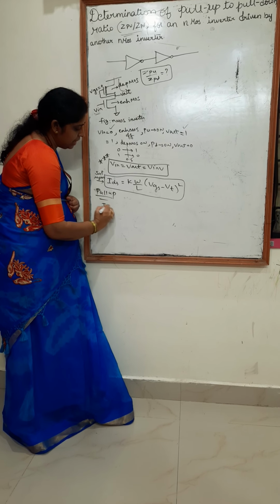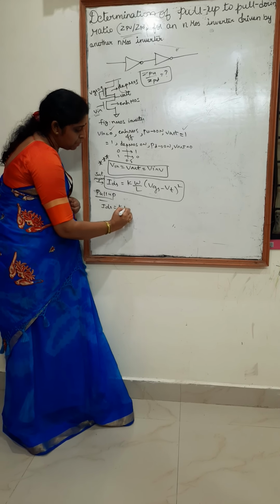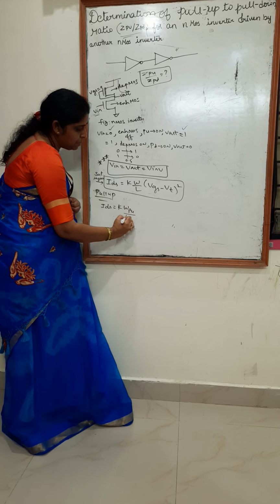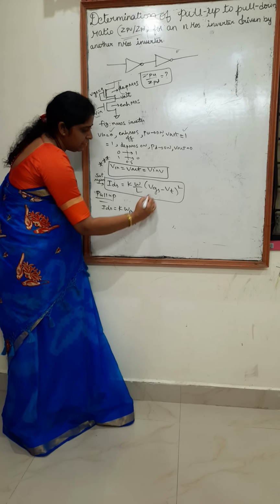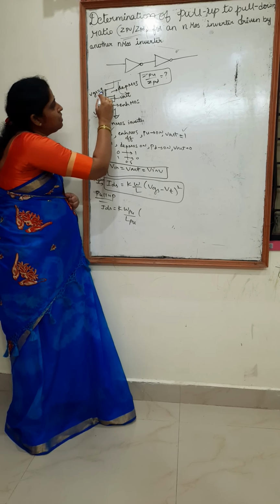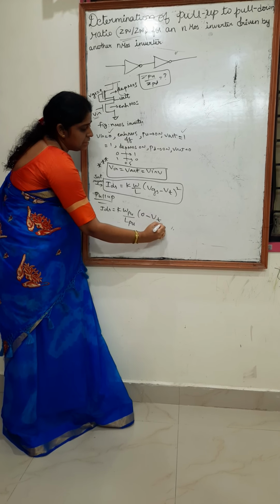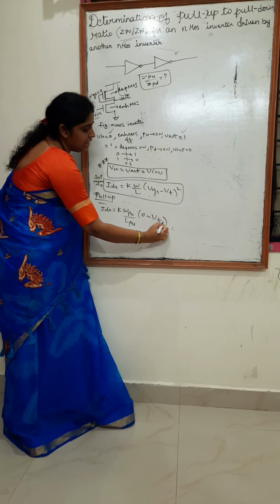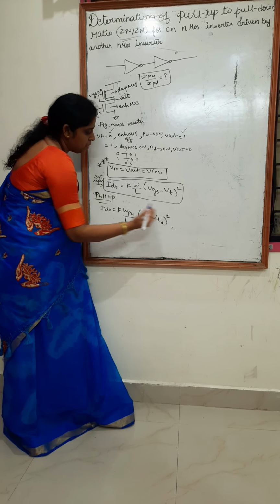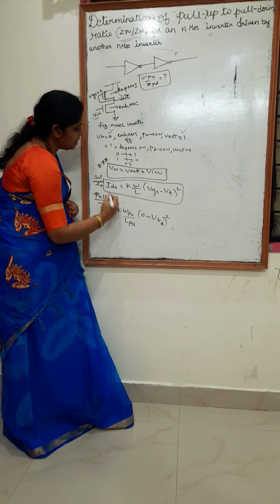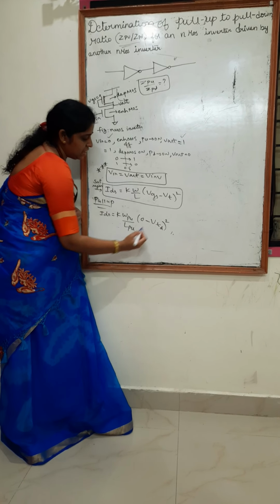So we consider the pull-up IDS. IDS is equal to, for pull-up, k WPU by LPU into VGS minus VTD whole square. What is VGS for pull-up? It is 0, so 0 minus VTD. What is VTD? D is the depletion MOSFET threshold. So this is equation 1.